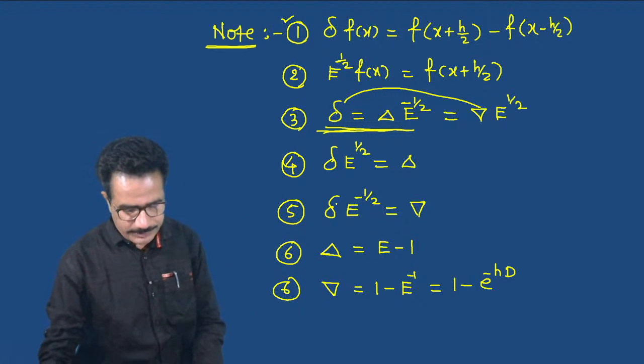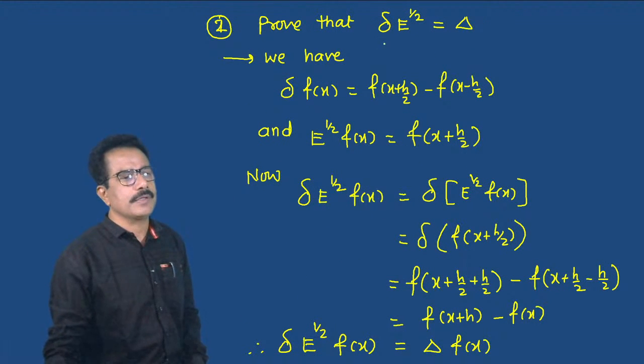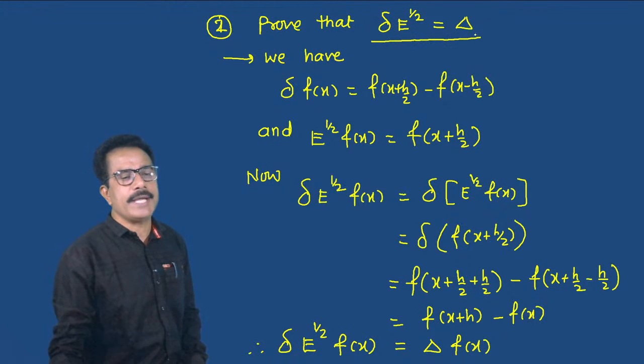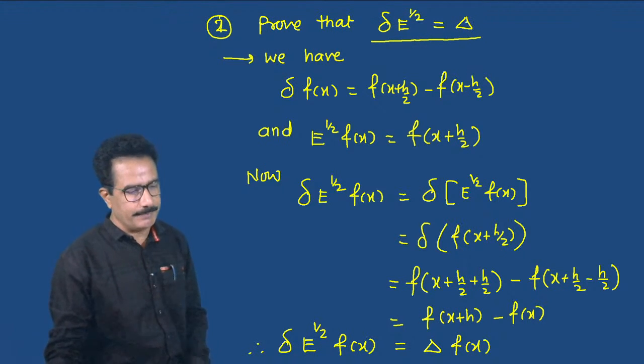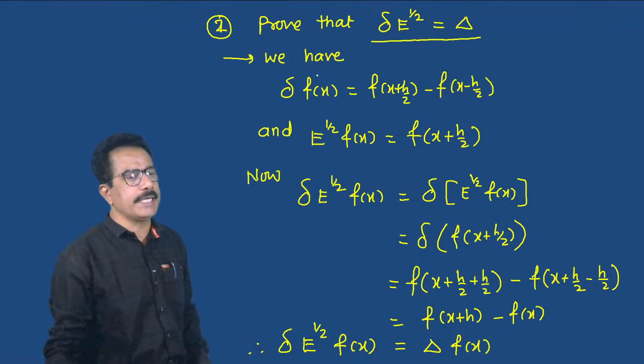Okay, now we shall move towards this. Prove that delta e raised to 1 by 2 is equal to capital delta.